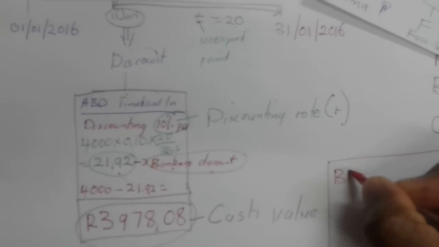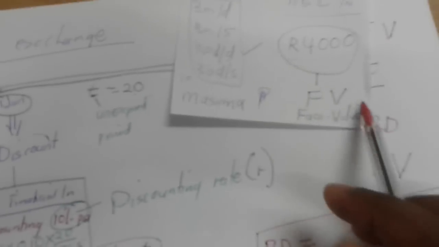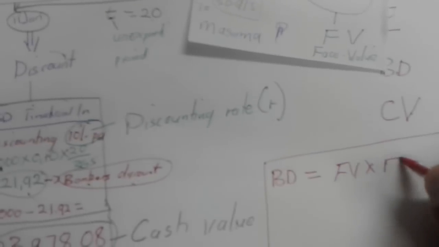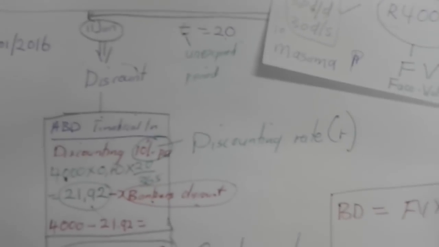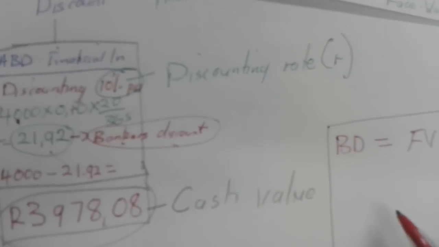Banker's discount is equal to 4,000, which is the FV, multiplied by the rate, which is our R, and then multiplied by the unexpired period, which is our T. So this is the formula for banker's discount.